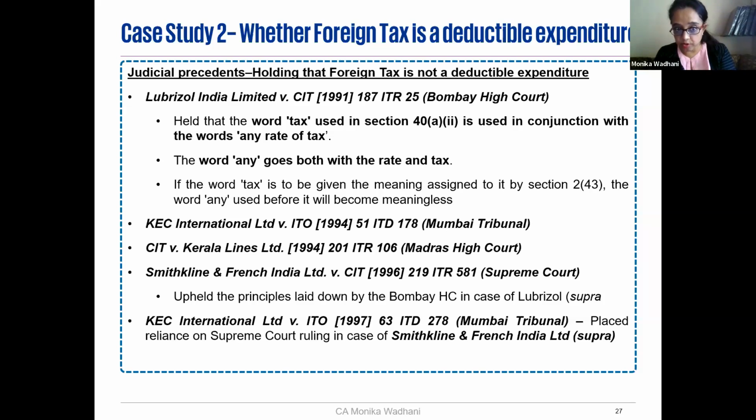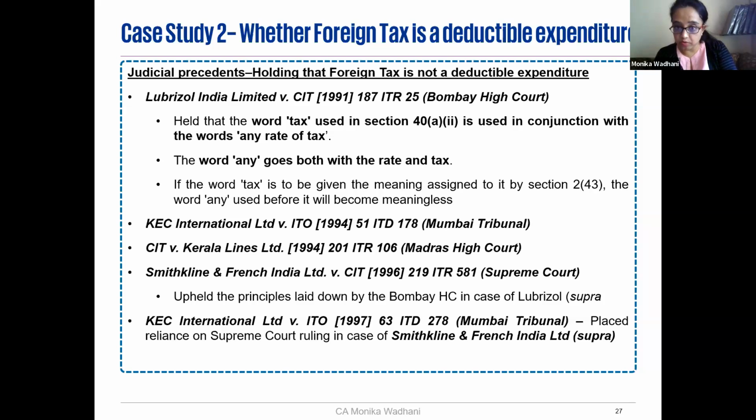And therefore, if the word tax is to be given the meaning assigned to it under 2(43), then the word any will become meaningless. So in Lubrizol, the Bombay High Court held that because you have to read the word any along with the word tax, it is not confined only to the Indian Income Tax Act, and therefore foreign taxes are also covered for the purposes of section 48(2).